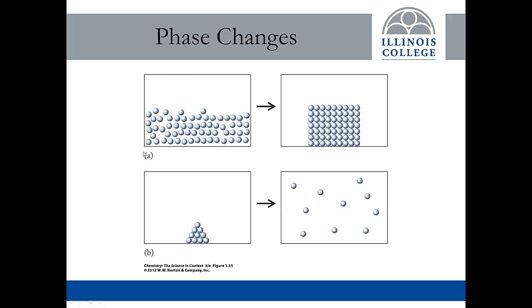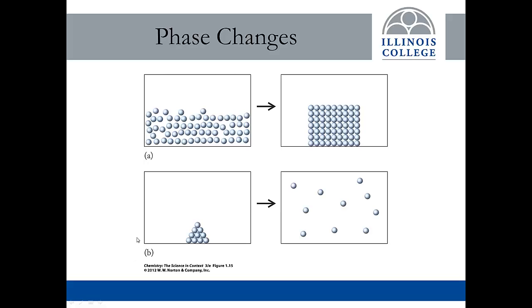So probably this is a liquid, right? Then when we go to this situation, all these molecules are packed together in a nice orderly arrangement. They do not expand to fill their container, so there's no flow. They have a definite size, so that is probably a solid. So going from liquid to solid, we call that process freezing or solidification.